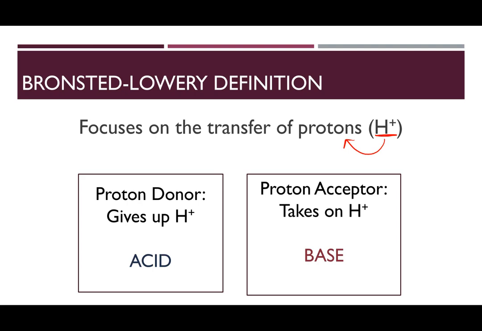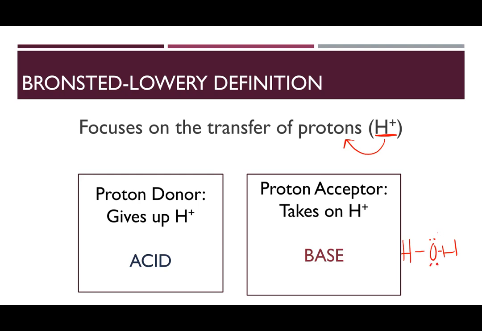The other thing that we're going to see with a base is that in order for it to accept the proton, that base is going to have a lone pair contained somewhere on the central atom. So for example, we could use water. Water does have basic properties sometimes.